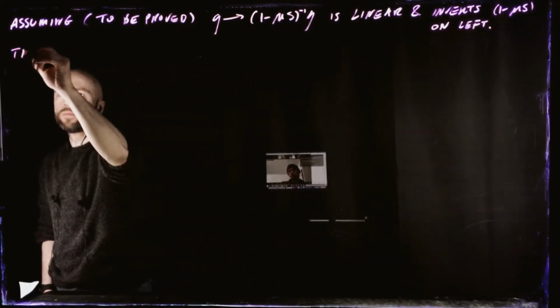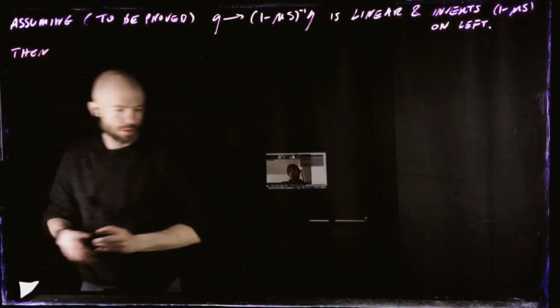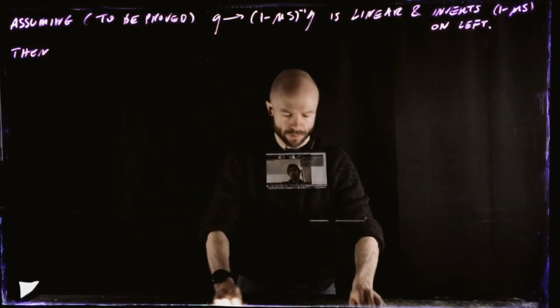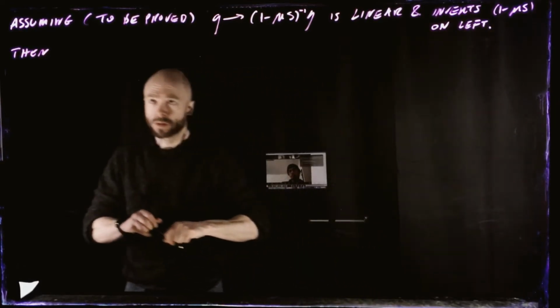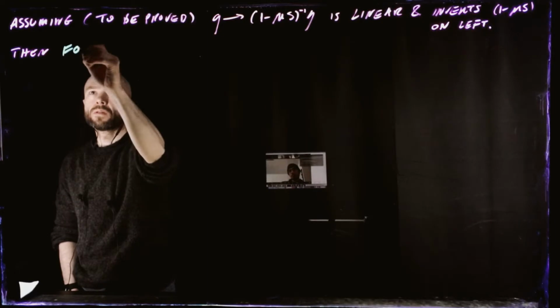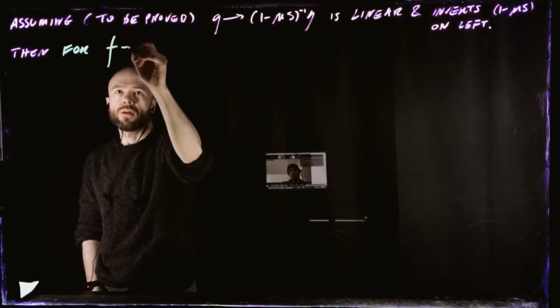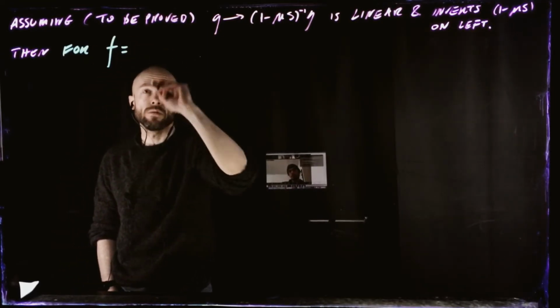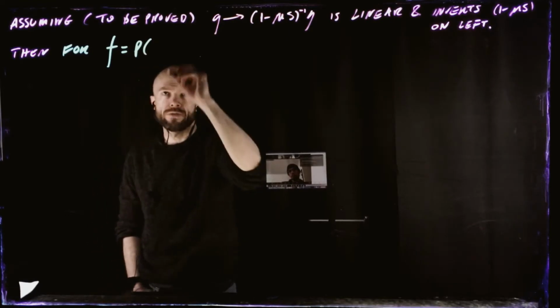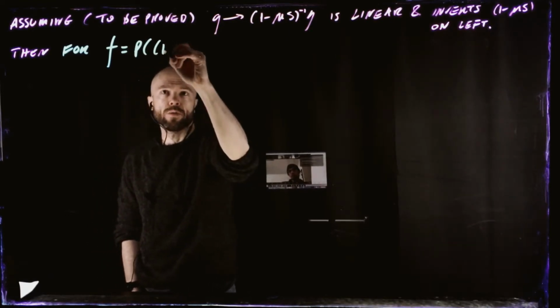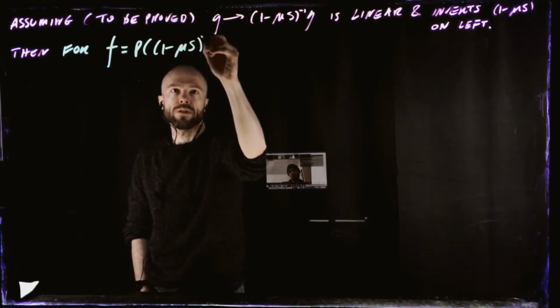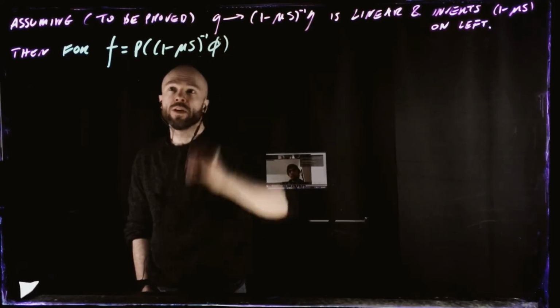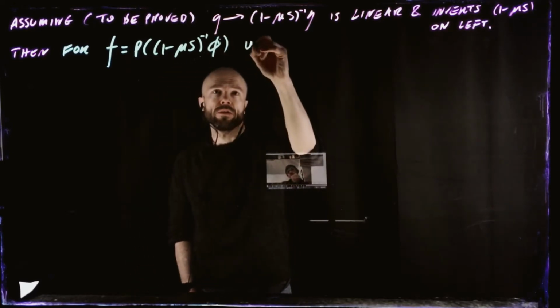Then for F, which recall was the Cauchy type transform of this operator (1 minus mu of S) to the minus 1, applied to our LP function, we have the following.